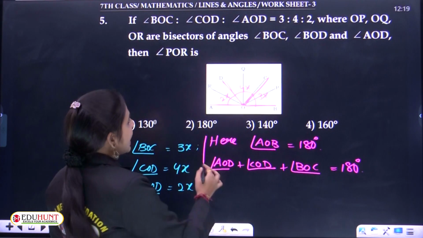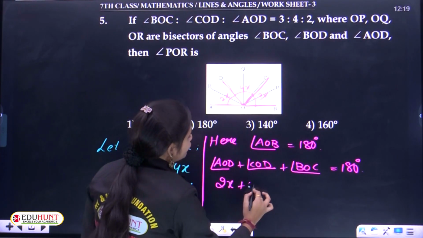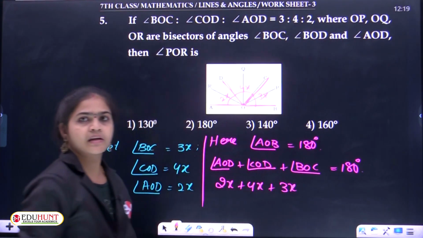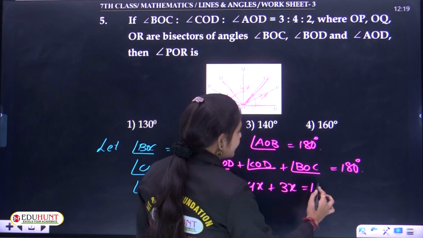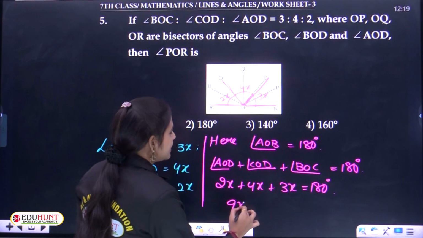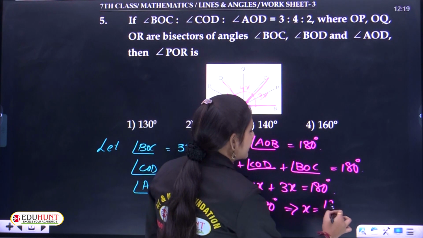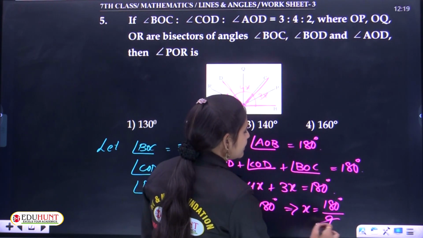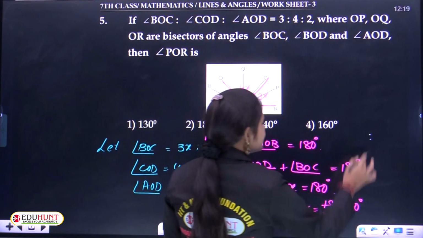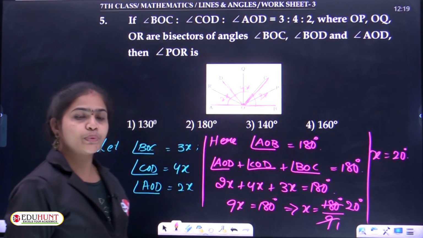Now here angle AOD is 2x plus COD is 4x plus BOC is 3x, which is equal to 180 degrees. Now 4 plus 3 is 7, 7 plus 2 is 9. 9x is equal to 180 degrees and here x is equal to 180 degrees by 9. 9 ones are 9 and here 9 twenties. As per this, x is equal to 20 degrees.